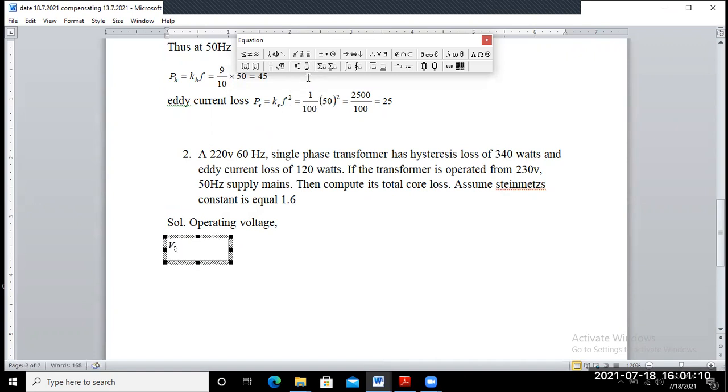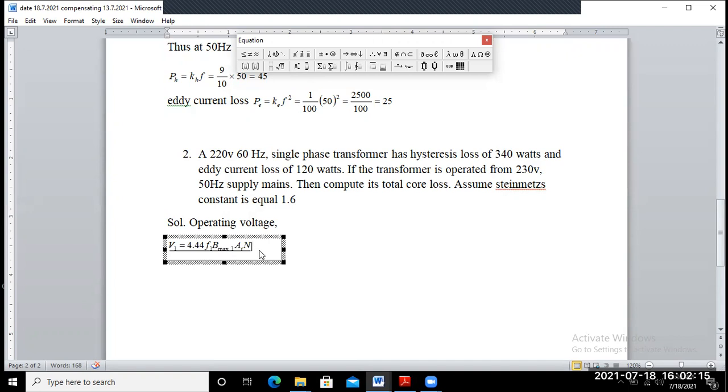V1 equals 4.44, the basic formula we already covered in the starting class of this topic, times frequency f1, where 1 is for 60 hertz operation and 2 for 50 hertz operation, times maximum flux density B max 1, into area A of the core, into the number of turns N.